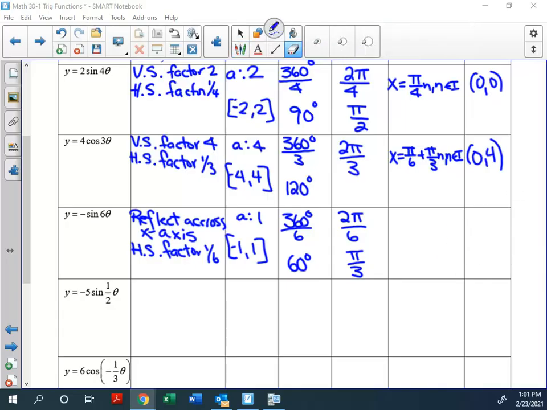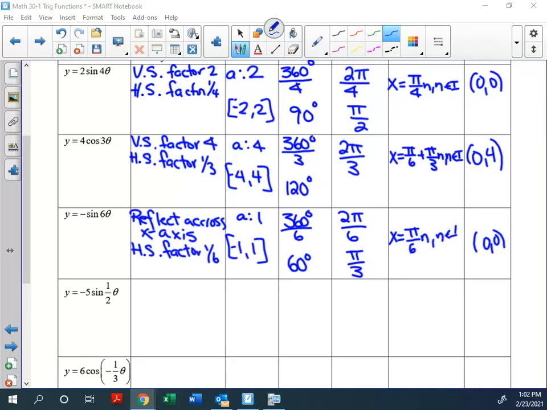I saw cosine in my head. Let's try that again. Did you get that?